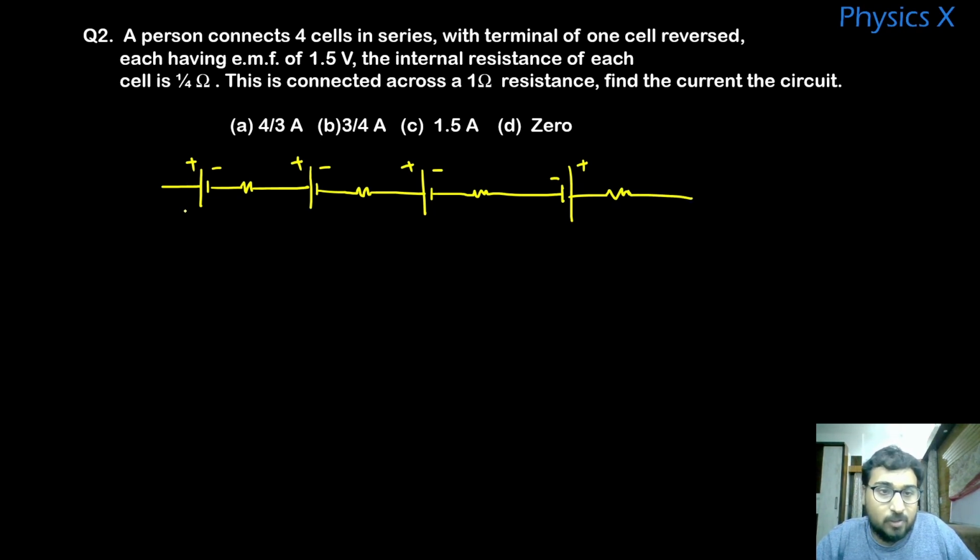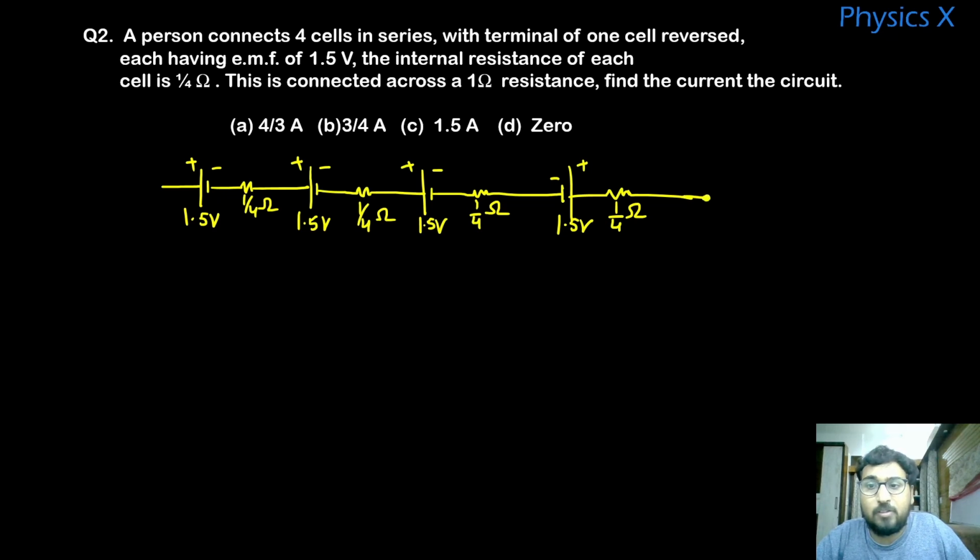So this is 1.5 volt, 1.5 volt, 1.5 volt, 1.5 volt, and the internal resistance is 1 by 4 ohm each. So this is your entire combination of the battery.